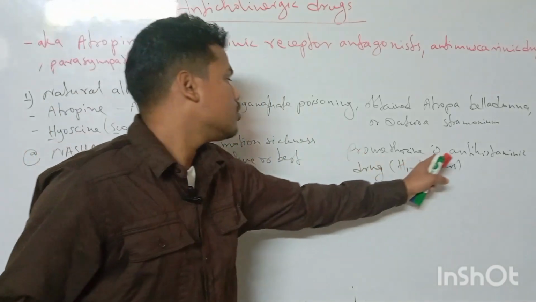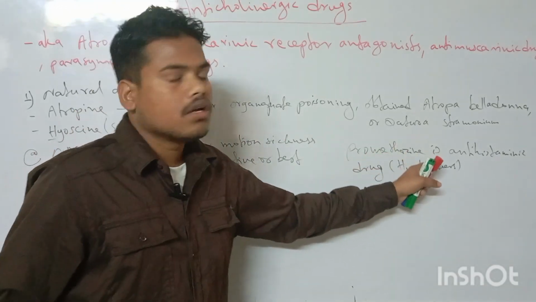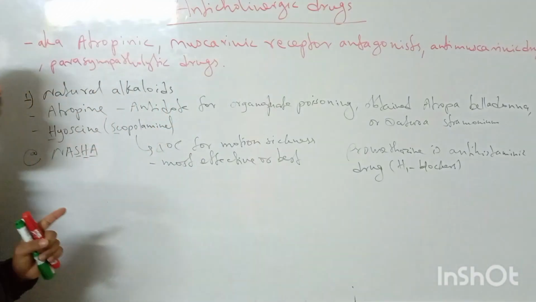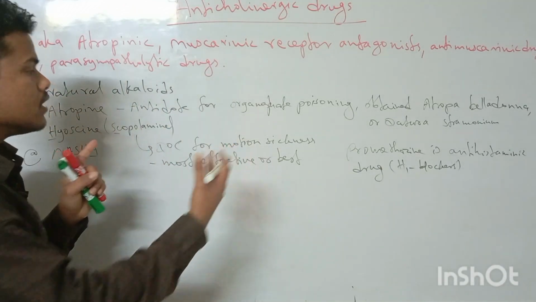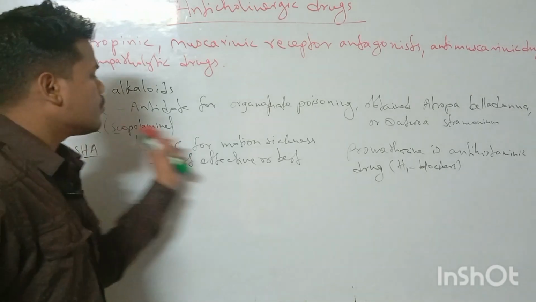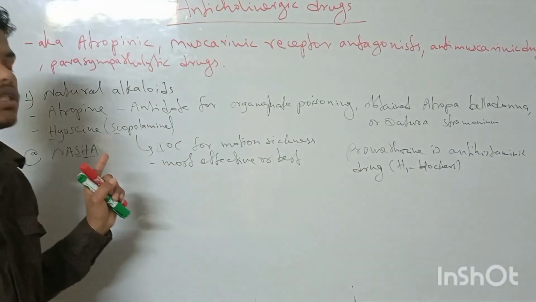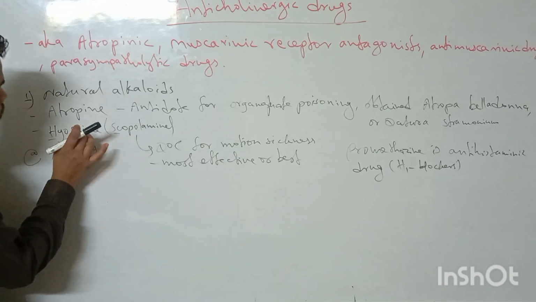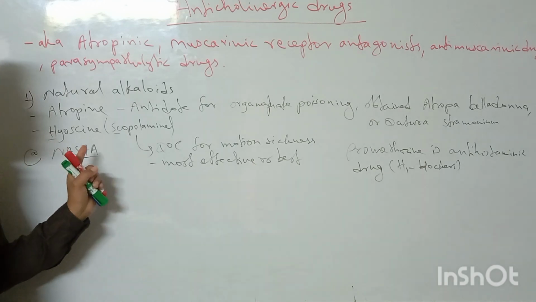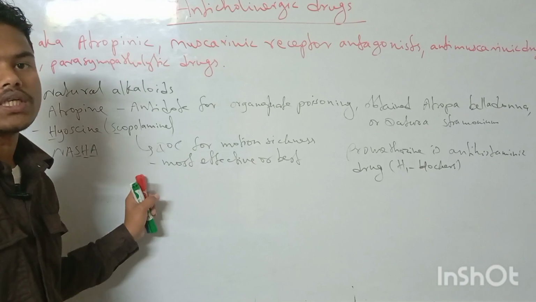So in that sense the authorities believe promethazine can also be a good drug for motion sickness. But if you compare efficacy, hyoscine is far more efficacious than promethazine for motion sickness. Hence it is selected as the drug of choice. But the limitation is that once vomiting has started it will not be effective.